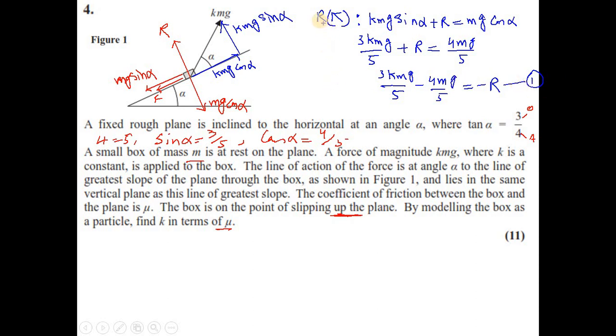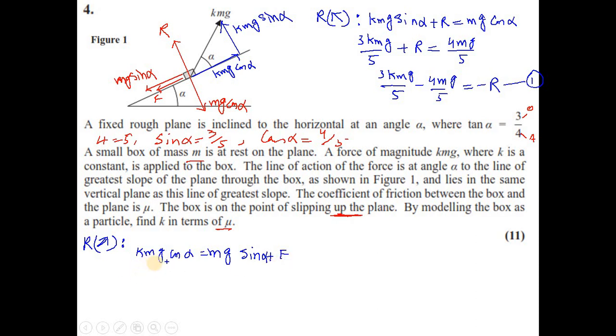Now you can resolve forces parallel to the plane. Parallel to the plane you have 3 forces acting: 2 forces acting down, 1 acting up. So you can say that kmg cos alpha is equal to mg sin alpha plus F, and you can substitute the values of cos alpha, sin alpha and F here.